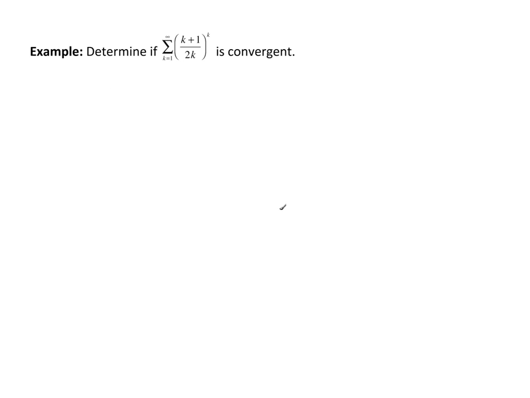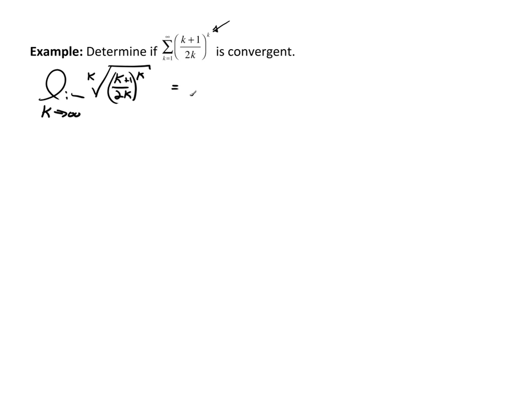So let's take a look at an example. If you were going to use the integral test, this would be interesting to try to integrate. It's not going to be real easy. So the root test makes a lot of sense because this thing is raised to the kth power. My index is k equals 1 to infinity. So I want to take the limit as k goes to infinity of the kth root of (k plus 1 over 2k) to the k.